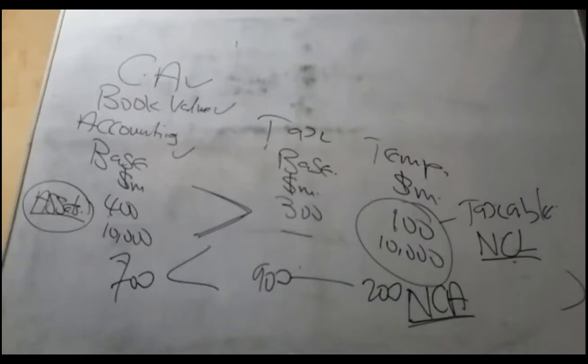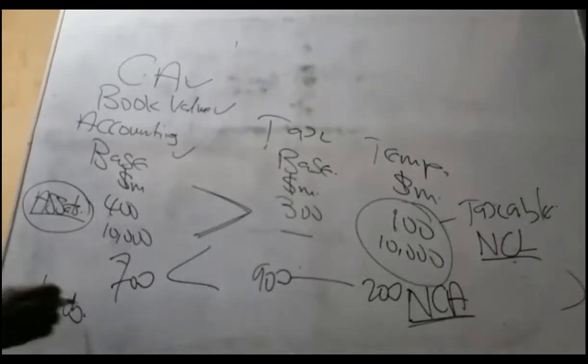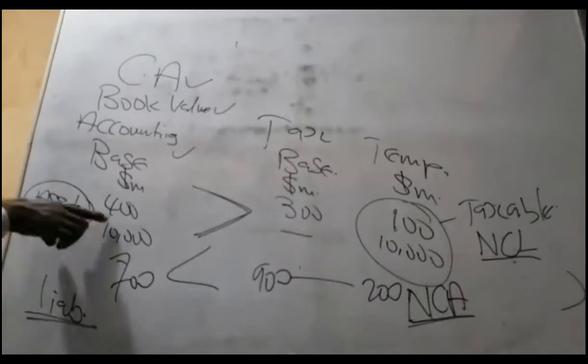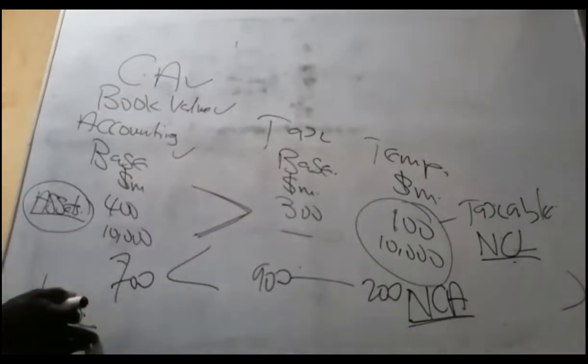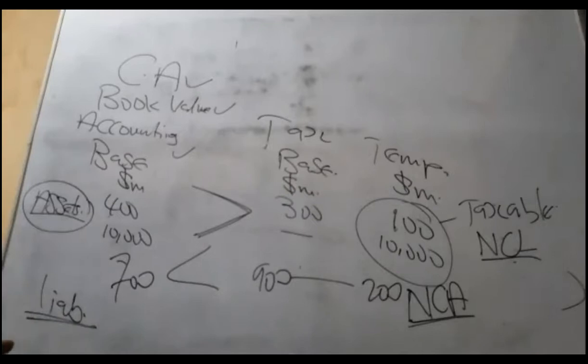Good. So basically, that is it. Now, if you pick a liability, for instance. If it's an asset and the carrying amount is more, we call it taxable. If it's a liability, what would be the name? The reverse. It becomes deductible. Exactly.